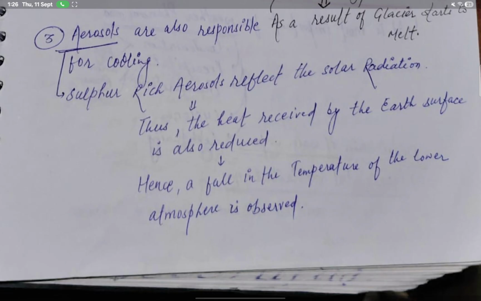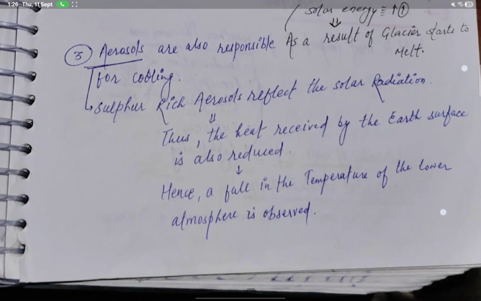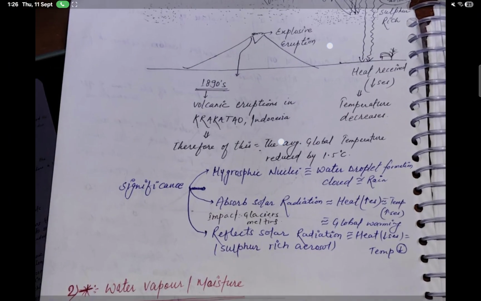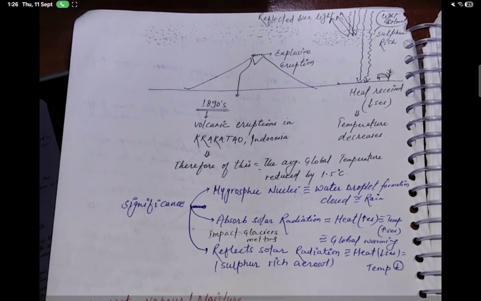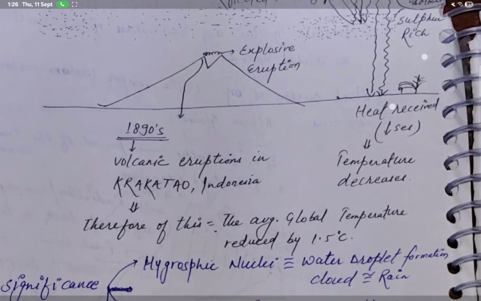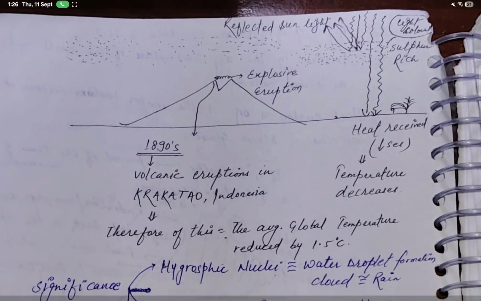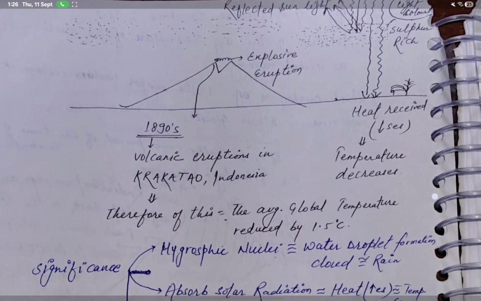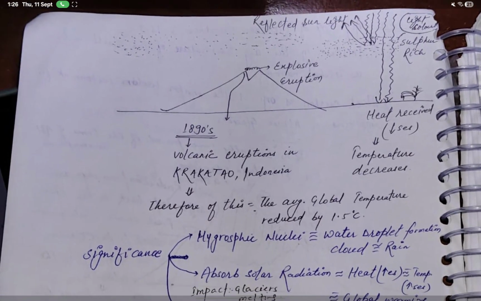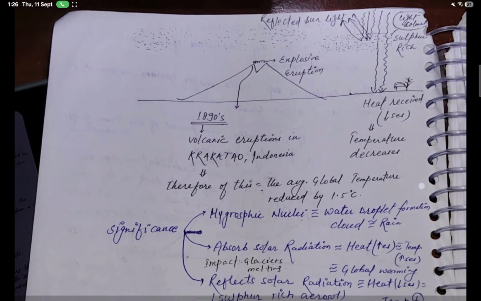The sulfur-rich aerosols are light colored, due to which they reflect the sunlight effectively. When the sunlight is reflected, the temperature of the Earth's surface is reduced. That's why sulfur-rich aerosol is responsible for cooling.